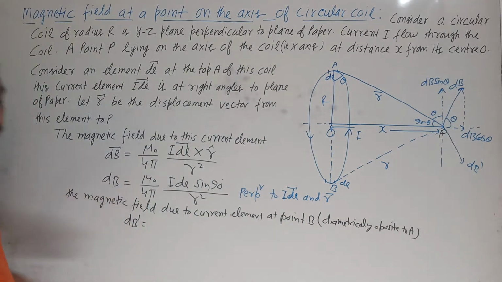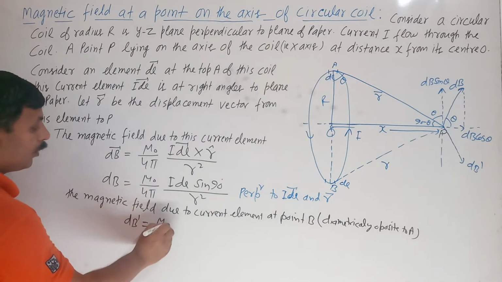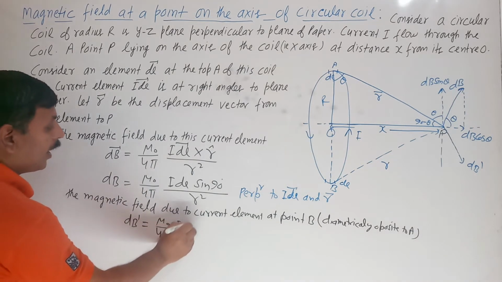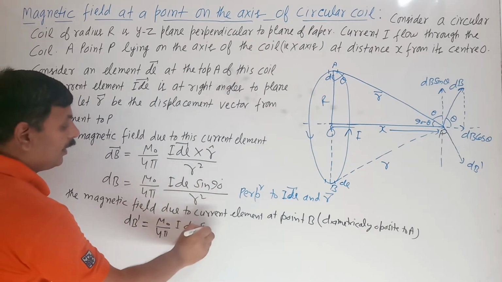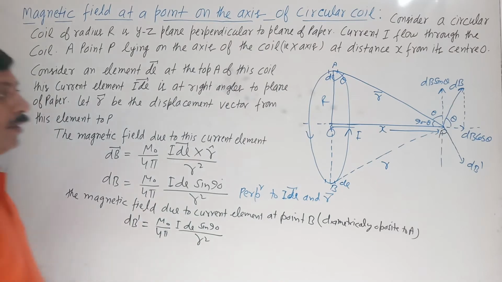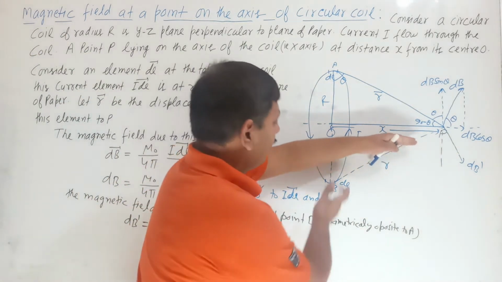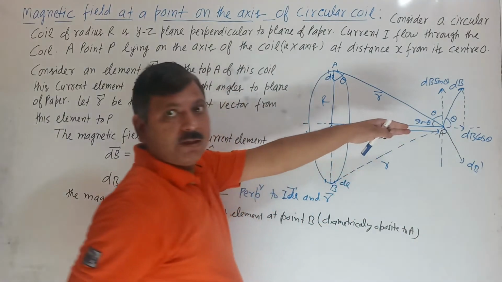So dB dash is equal to what? The magnitude of dB dash will be mu naught upon 4 pi I dl sin 90 upon r square, the magnitude being the same, and the direction, as I have shown here, perpendicular to this and dl, so this will be downward.